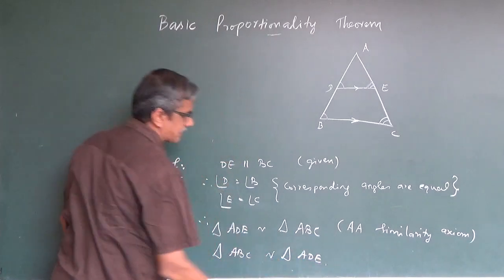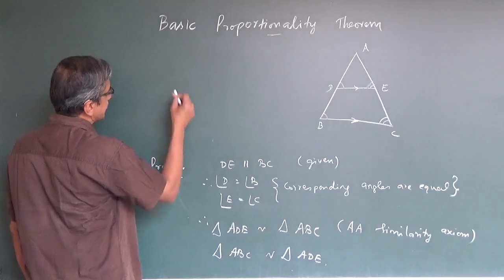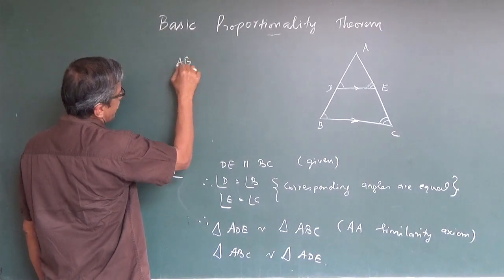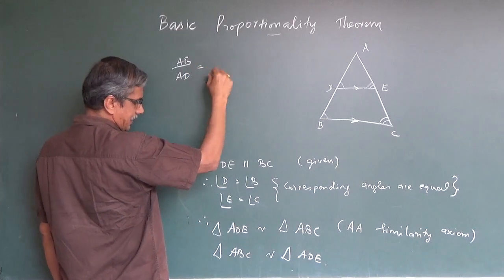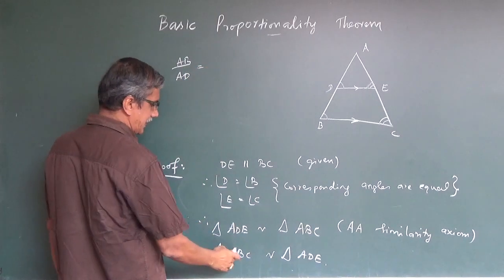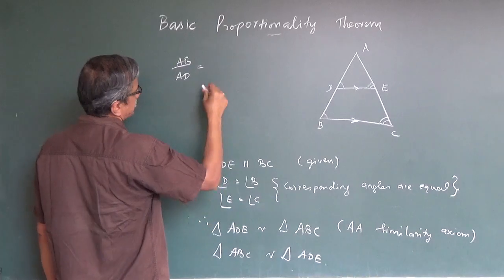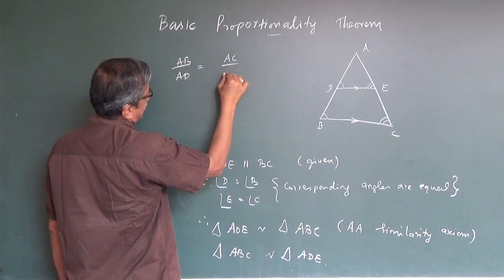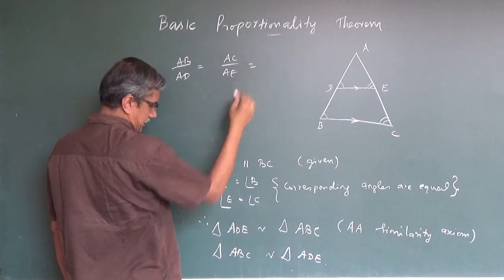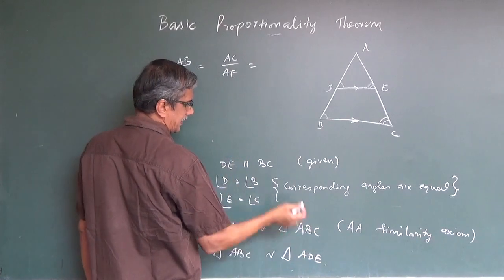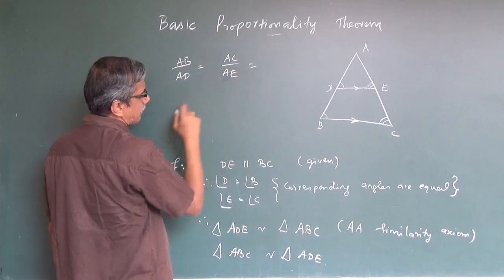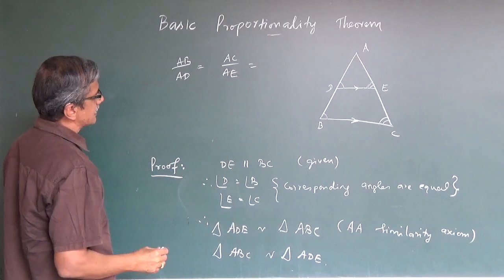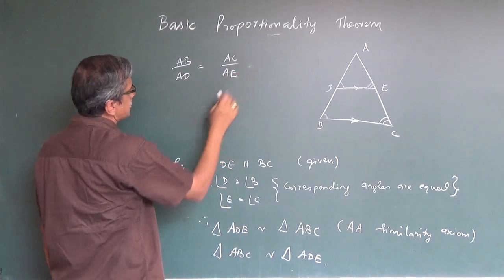And once I write like this, AB by AD is equal to AC by AE, which is equal to BC by DE. But now we are not interested in BC by DE. We are only interested in this part.